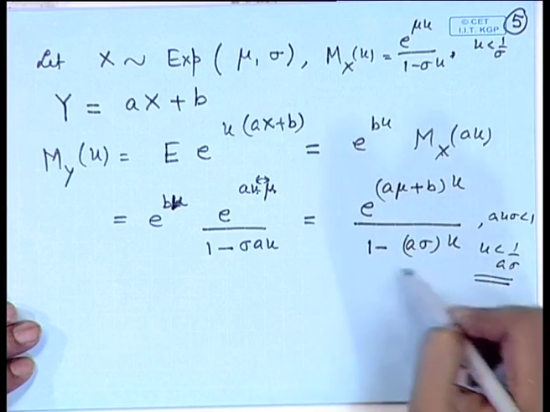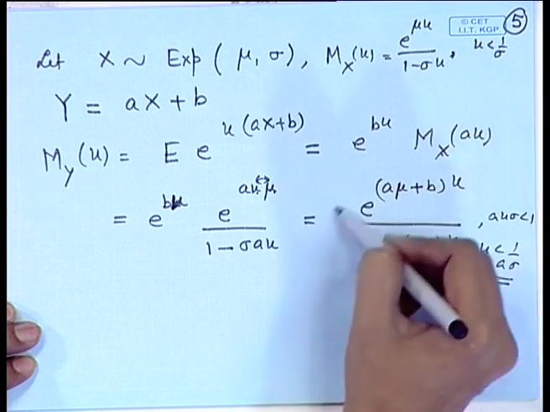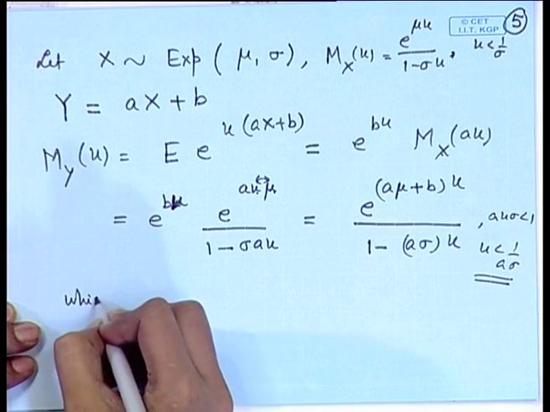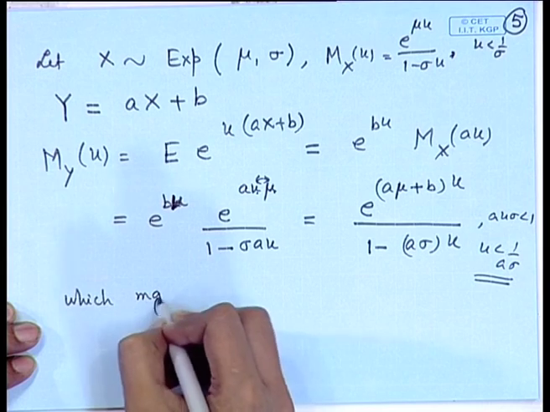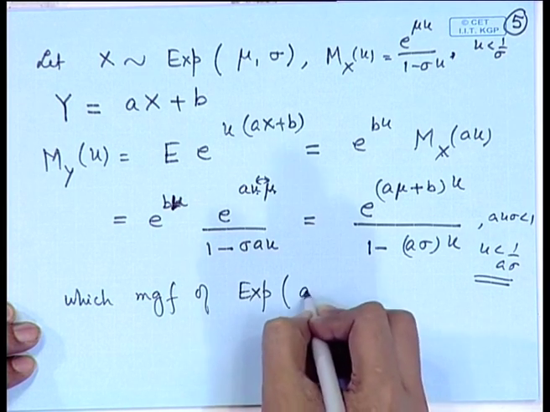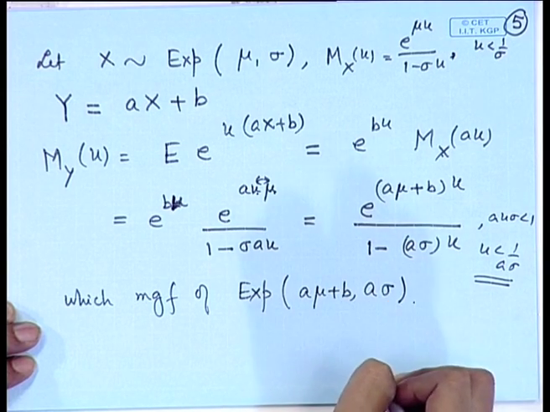So, obviously, you can see by comparing this that this is an MGF of exponential distribution with parameter A mu plus B and A sigma.